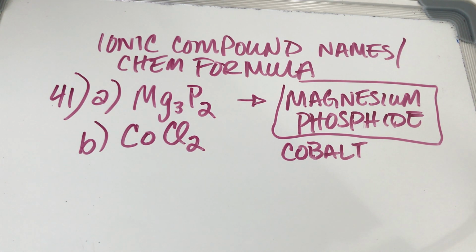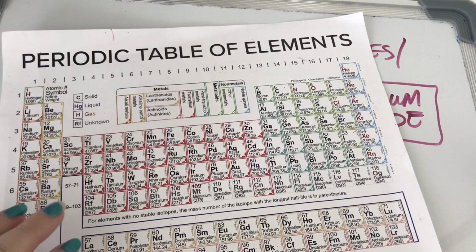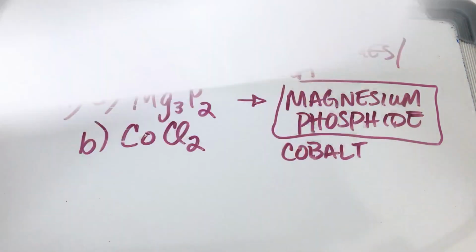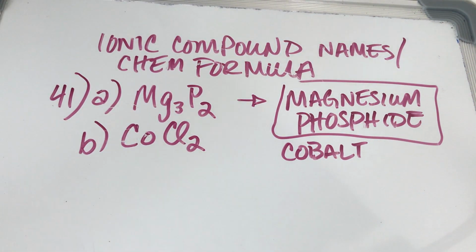Everybody all right with why? Because it's a transition metal. Can we go over that again? So we find cobalt on the periodic table. Where is it? In the transition metals. Yes, and transition metals always have to have the charge given, so we know we're going to need a Roman numeral here.